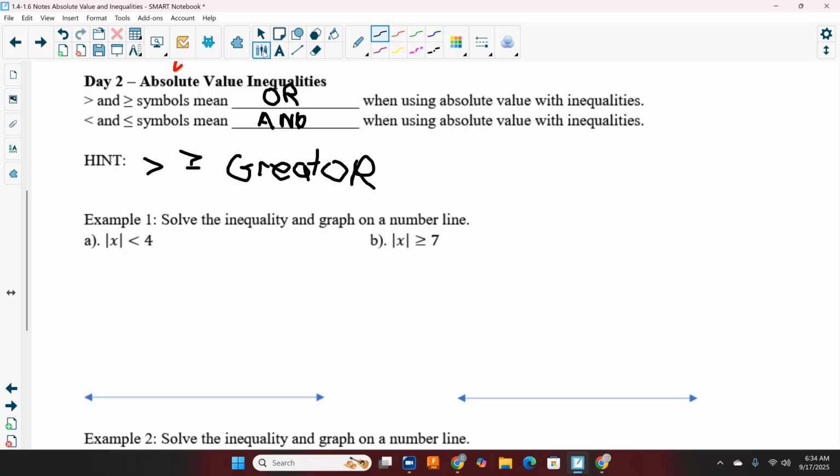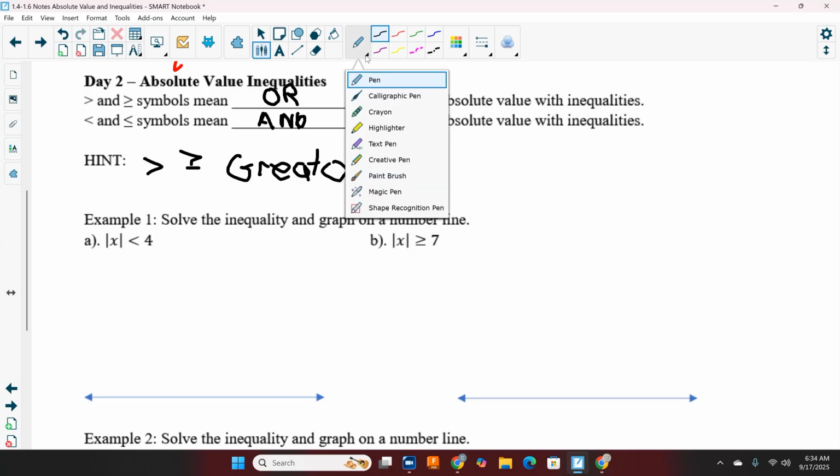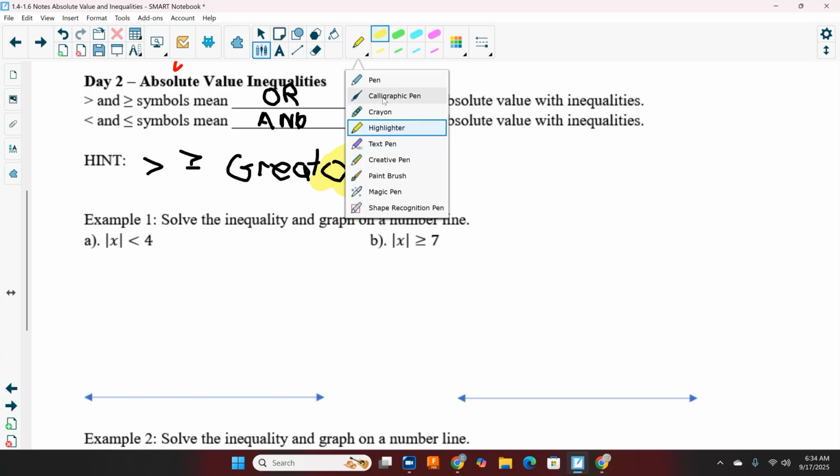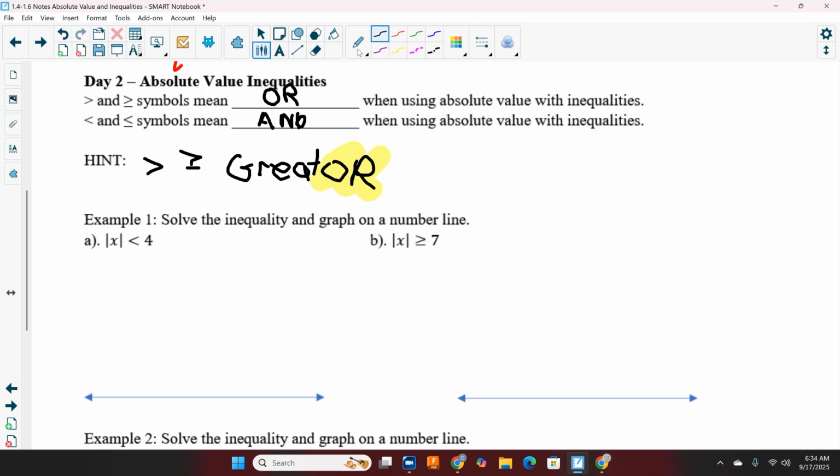This is a hint. Greater is an or inequality. So you're going to split it into 2 parts, just like we do with absolute value equations. Greater is an or, and less than is an and. And they almost sound alike as well.